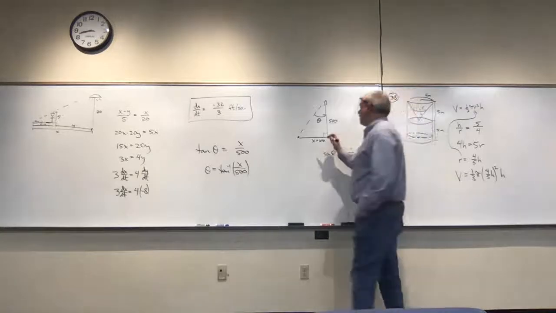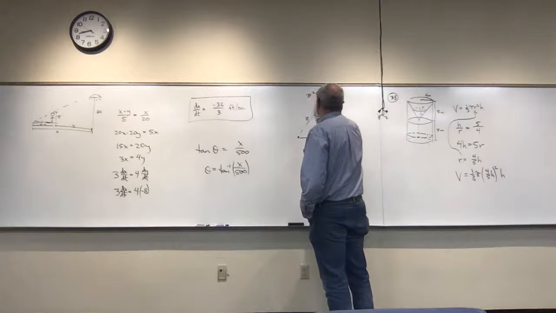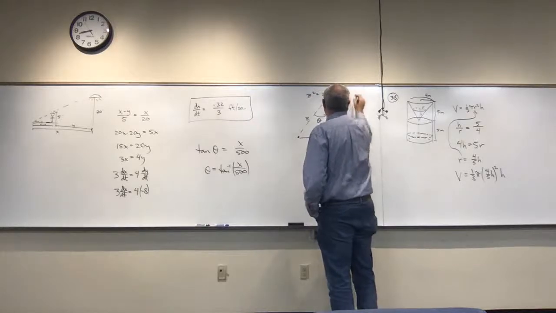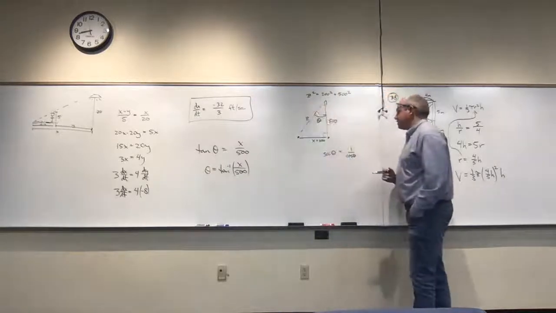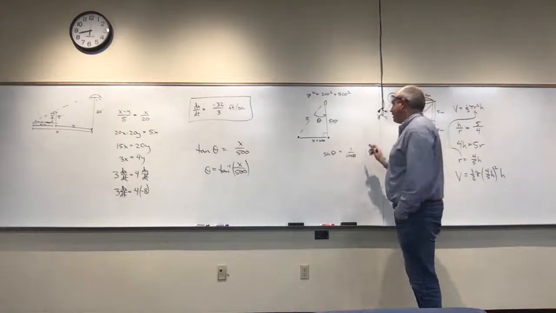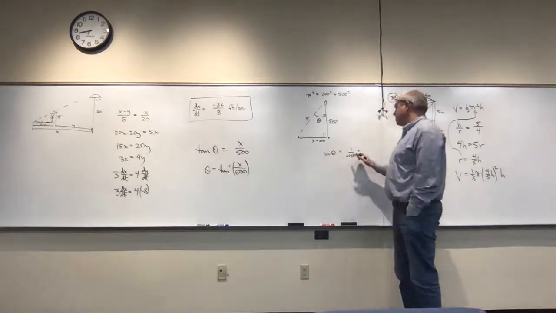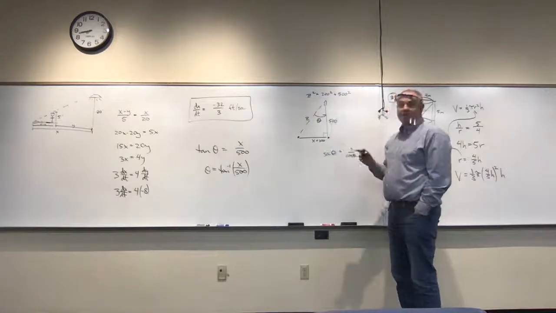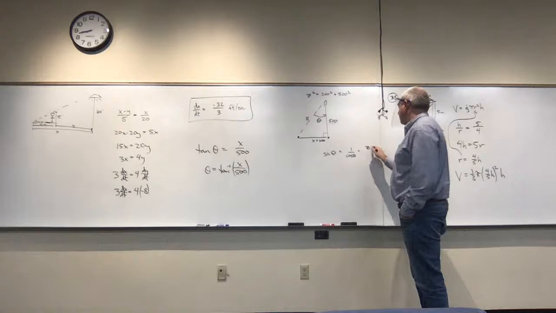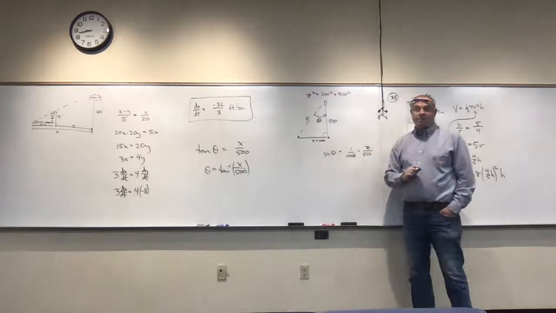If I call this side z, then z squared is equal to 200 squared plus 500 squared, and then I could figure out what z is. Cosine is adjacent over hypotenuse, so secant is hypotenuse over adjacent. So it's just going to be z over 500, whatever z is.